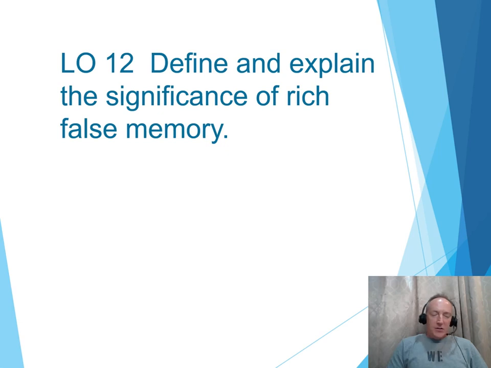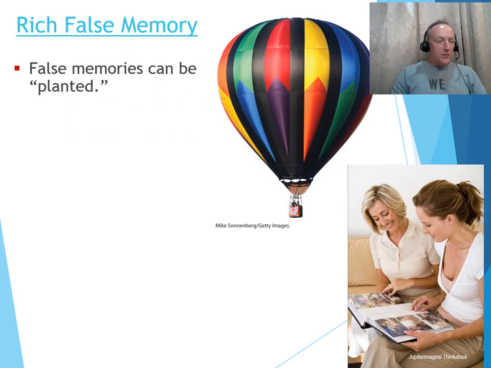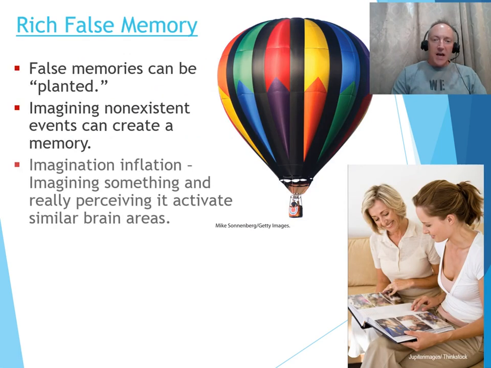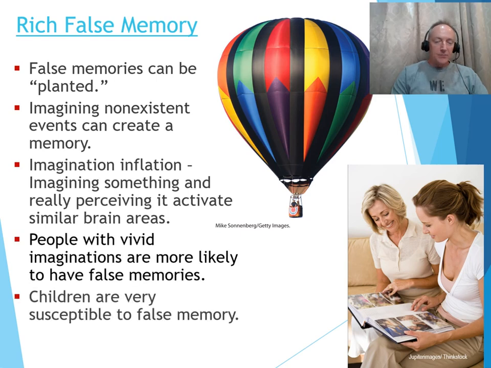Now we're going to get into an even more dramatic example, that of what's known as rich false memory. Rich false memories are things that did not really even happen, but the person merely imagines it happened, maybe because of something that they have heard and talked about over and over, and they start imagining something that happened that really did not.